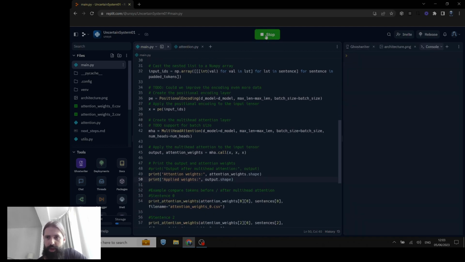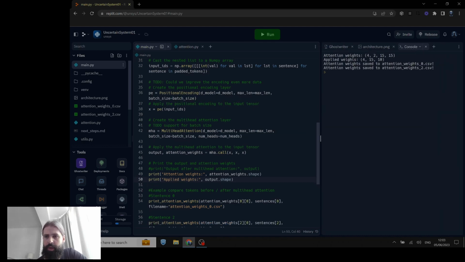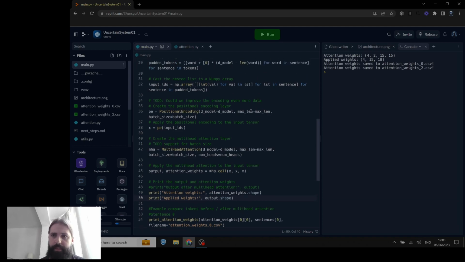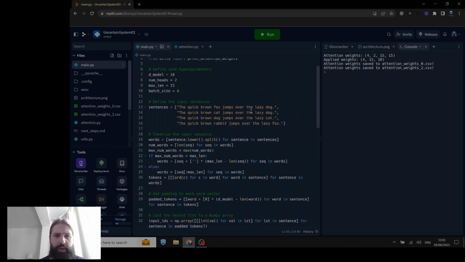And what was the shape of the output? Applied weights, 4, 15, 10. So it's essentially the same, 4, then 15, and then the 10 dimensions of each. No, sorry, 15 is the max length, yeah.